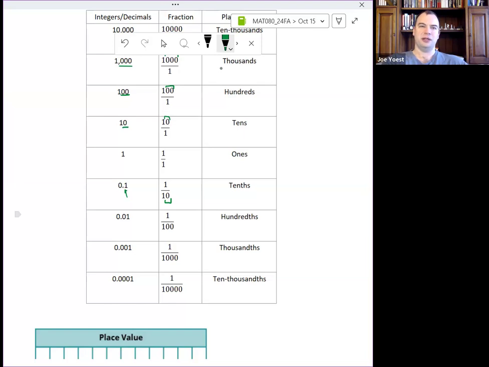It's almost like the point is acting like a 0 in some very loose metaphorical sense, right? Here I have 2 zeros in my fraction, but I only have 1 zero in between my decimal point and my 1 over here. Or I have 3 zeros against 2, or 4 versus 3. So in these decimals, it's almost like the decimal point is one of the zeros.